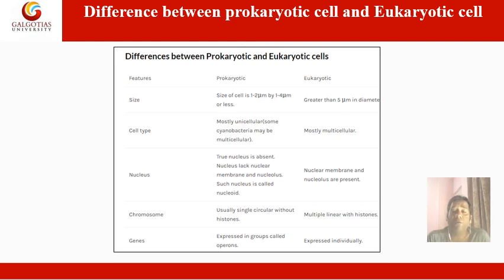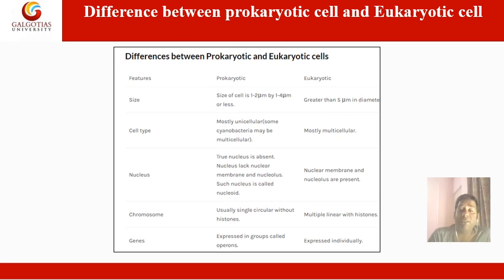Now if we see the chromosome in the prokaryotic cell, it is generally circular or haploid and without histone protein, whereas in the eukaryotic cell, it is mostly diploid or linear and with the presence of histone protein that stabilizes the chromosome.